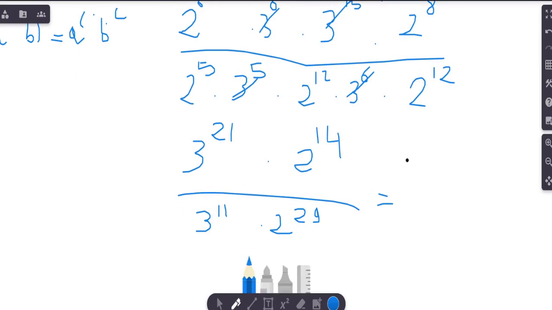So here we have 3 to the 21 minus 11, so 3 to the 10, multiplied by 2 to the 14 minus 29, so it's 2 to the negative 15.